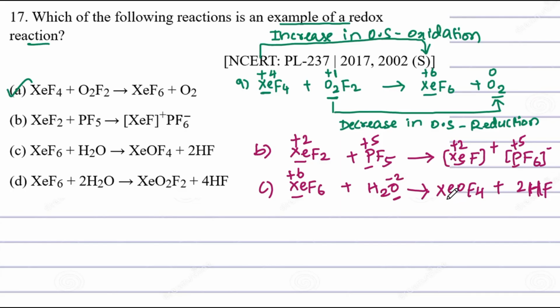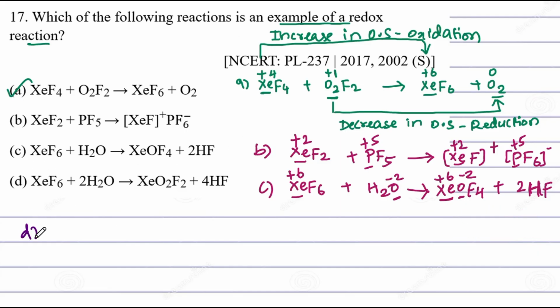Then going to the compound XeOF4, let us find the oxidation state of xenon x, with oxygen -2 and fluorine -1 into 4 atoms, equal to 0. So x - 2 - 4 = 0, so the oxidation state of xenon is again +6. So there is no change in the oxidation state. For oxygen also, it is -2. So there is no change in oxidation states. So the third reaction is also not a redox reaction.